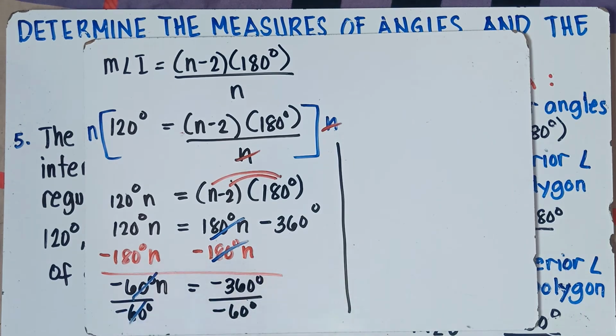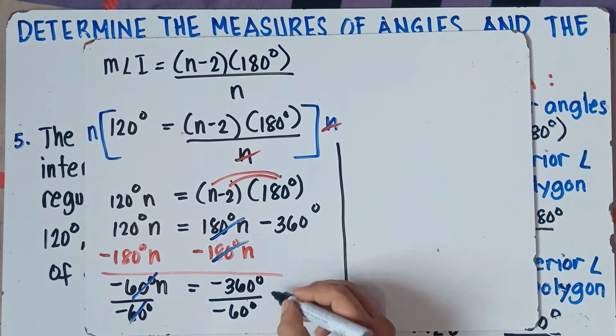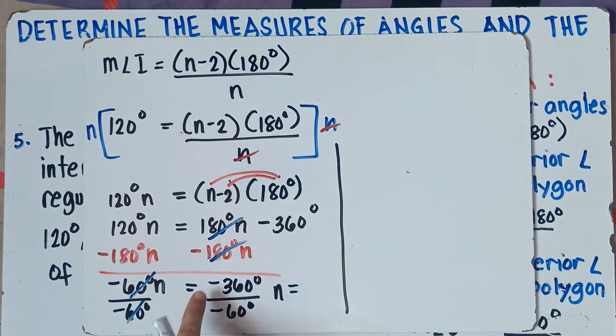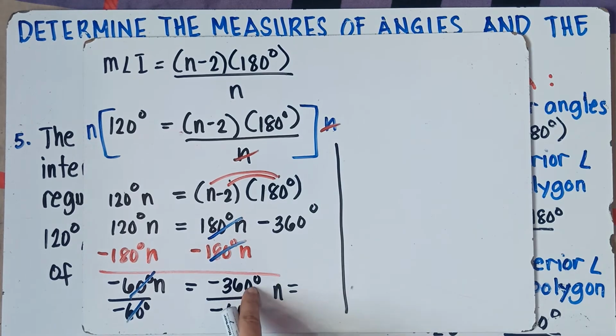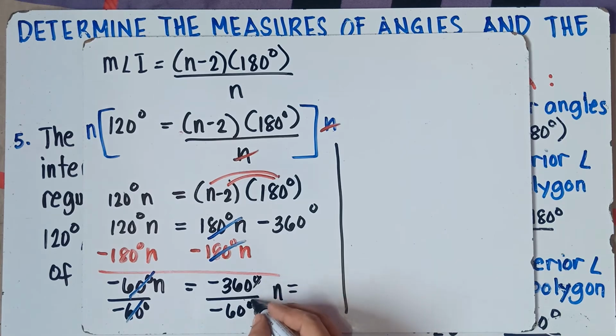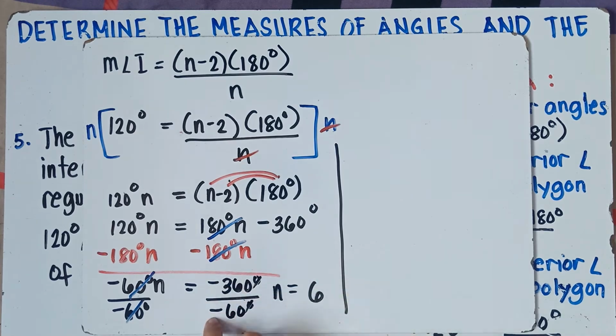And our n is equal to, negative divided by negative is positive, 360 divided by 60, that is 6. And then we can cancel degrees. So that's the answer, class, for our number of sides, that is 6.